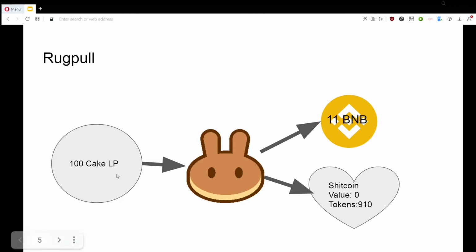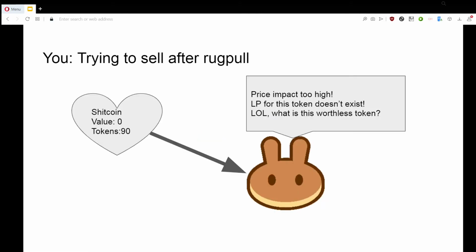So the next thing that happens is, after this, you're trying to sell your shitcoin. However, this is what happens now, depending on if there is a little bit of BNB left in the liquidity pool, or if there is nothing in the liquidity pool. If you have a little bit left, then PancakeSwap will tell you that the price impact is too high, meaning that when you try to sell your tokens, they are only going to be worth 0.01 BNB or something like that, depending on how much money they left in the pool.